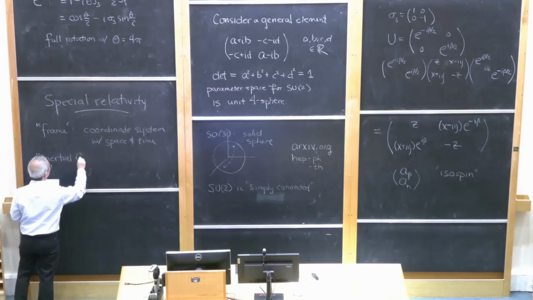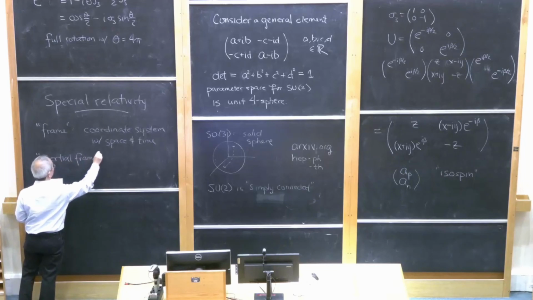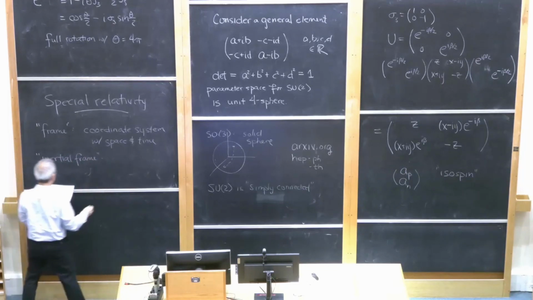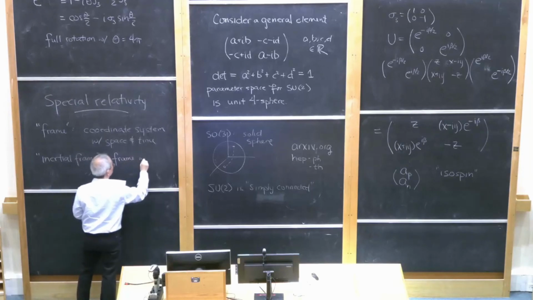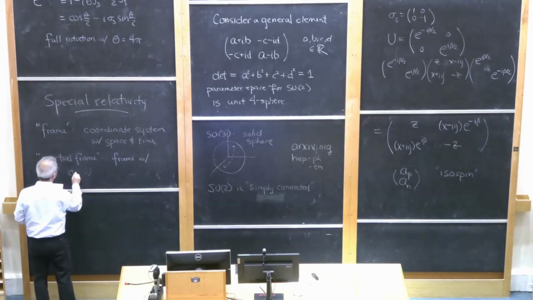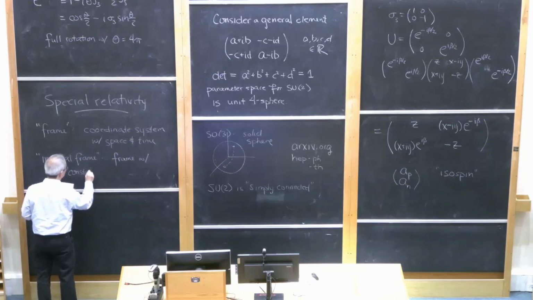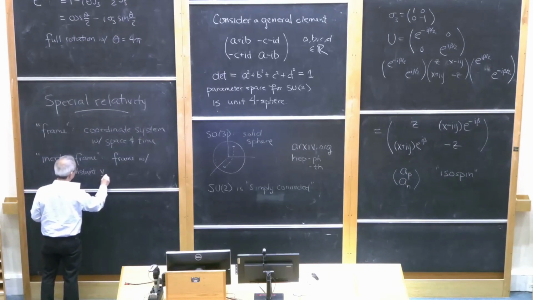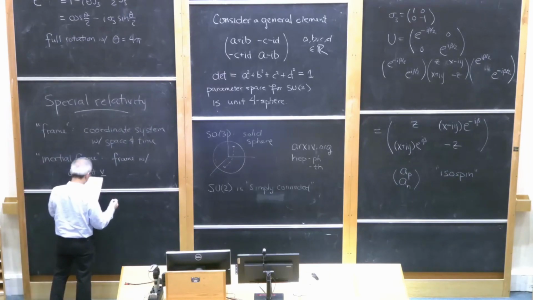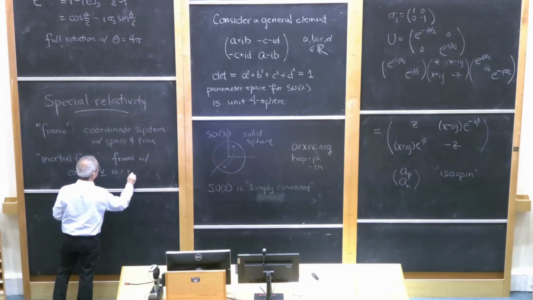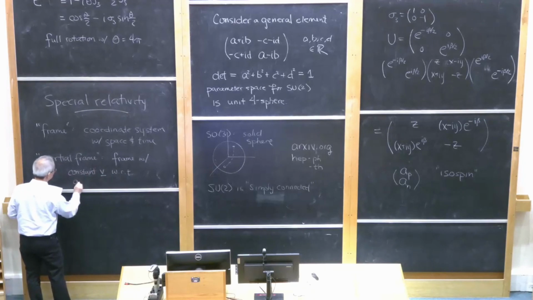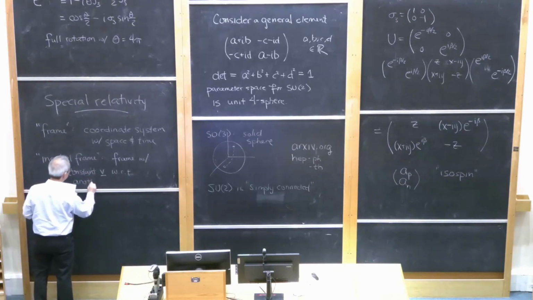We will also define an inertial frame as a frame with a constant velocity with respect to another inertial frame.